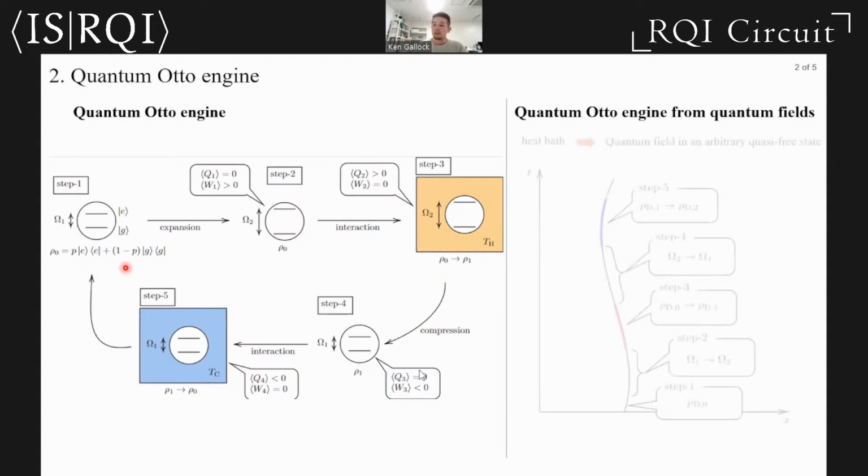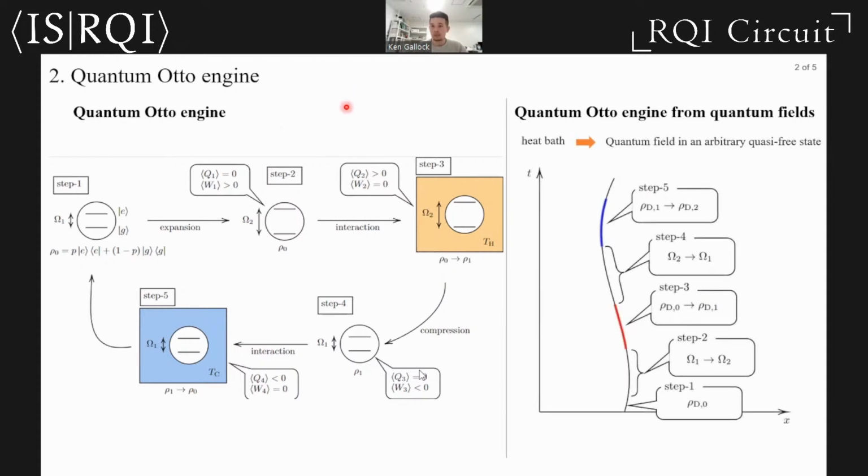Now, in our paper, basically we want to extend this to a quantum field theoretic point of view, in the sense that the heat bath is no longer just a heat bath, but it is a quantum field in an arbitrary quasi-free state. So it can be a vacuum state, thermal state, or squeezed state, and so on.